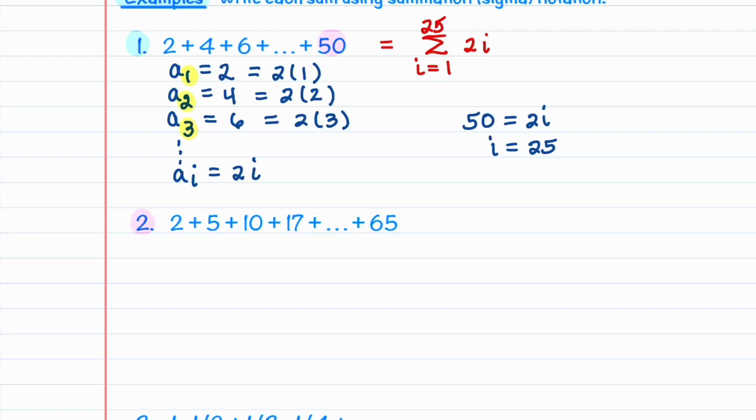Let's now look at our second example. We're going to start just like we did with our first example, and we're going to write down A1, A2, and then we'll see how many terms we need to write. A1 is equal to 2, A2 is equal to 5, A3 is equal to 10, and then let's write A4 is equal to 17.